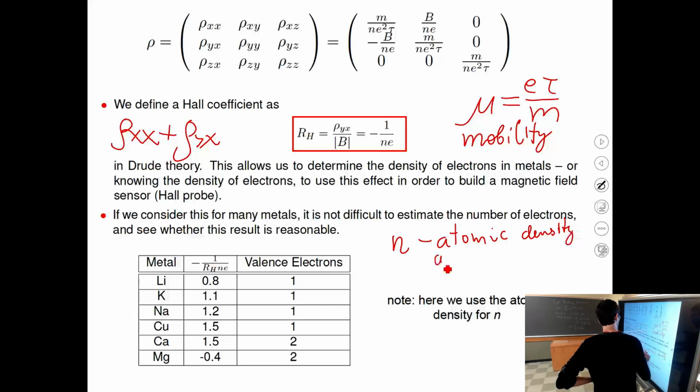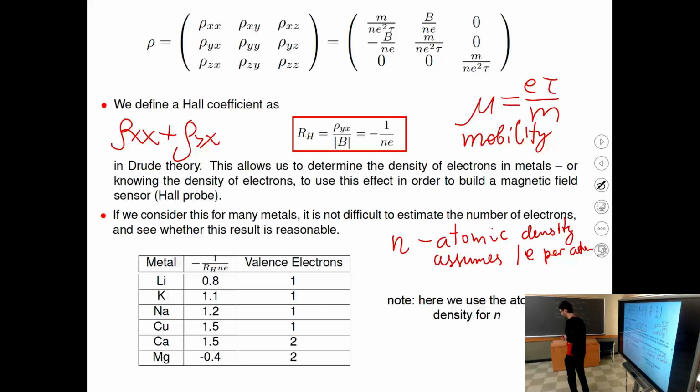So it assumes 1 electron per atom. So you can figure it out from a density of a particular material. You can figure out how many atoms per unit volume, and then you say, okay, let's calculate the number for the density, which will give us 1 electron per atom.